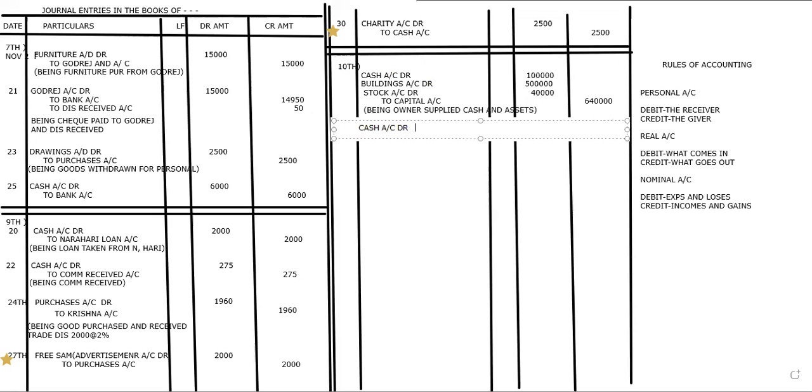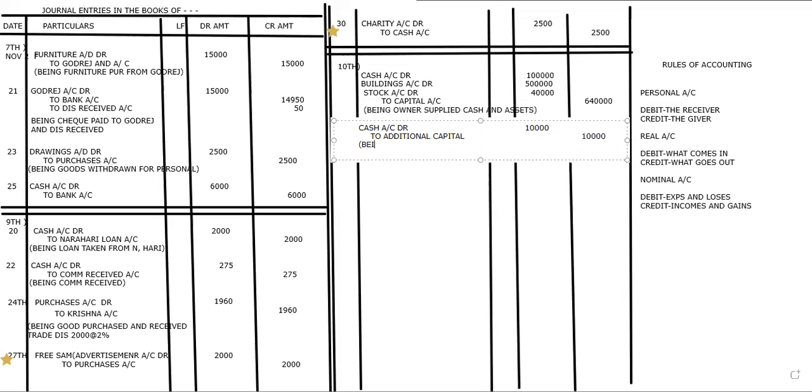Cash account debit. 10,000 is giving, no, 10,000 to additional capital, because already he has supplied, extra he is supplying. What he is selling, household things, for us it is not at all important.